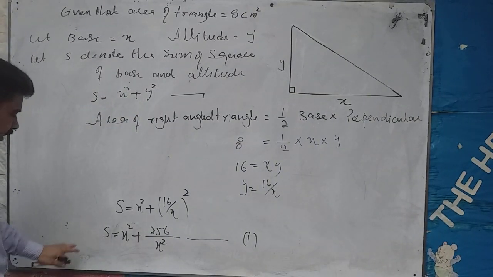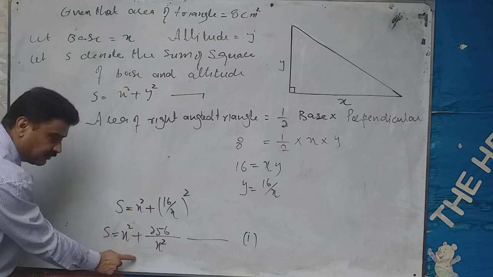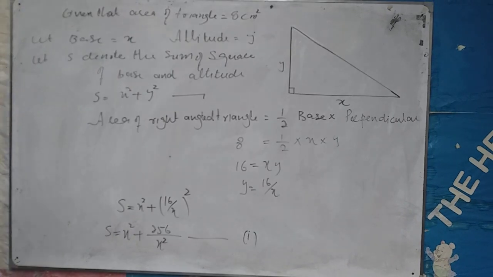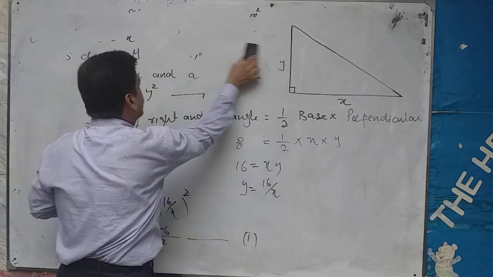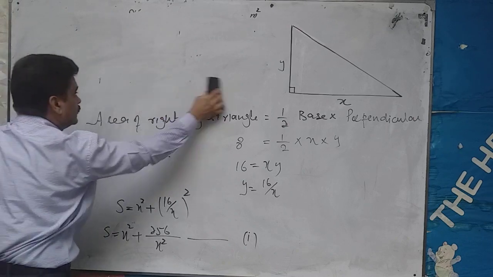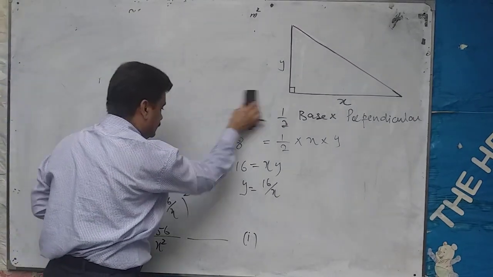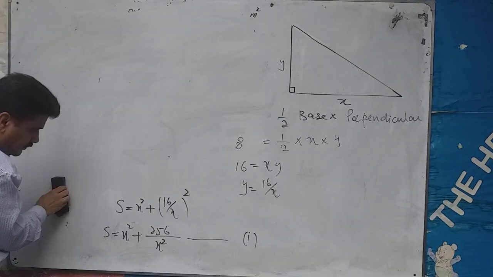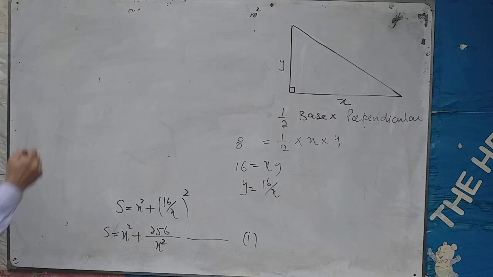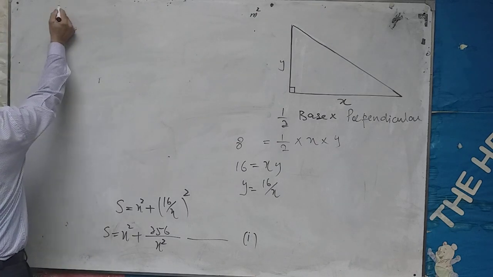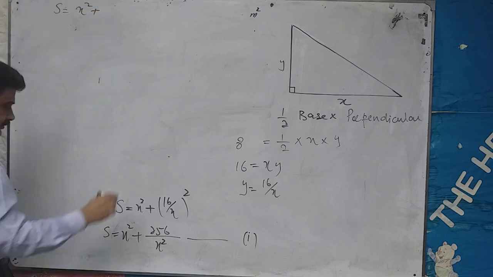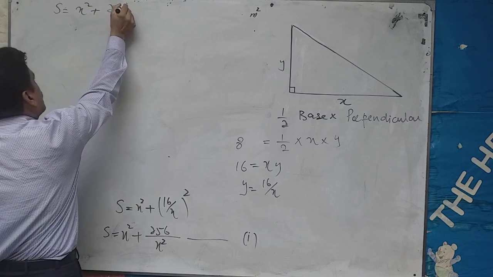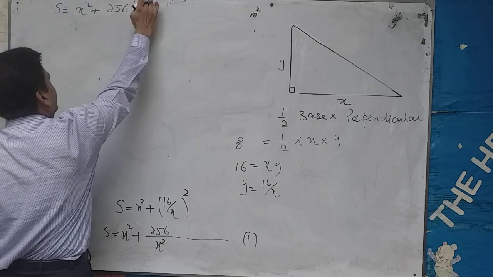To minimize S, we have to differentiate this equation with respect to x. To differentiate, we write S as x square plus 256 x raised power minus 2.